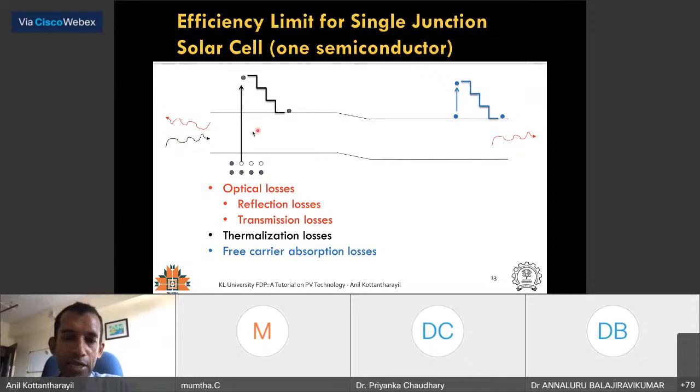And then there is a transmission loss. For example, in silicon, if you have 1100 nanometer wavelength light, we have seen that it requires something around 620 micron thick silicon to absorb 64% of that light. But if I'm using a 200 micron silicon thickness, it is possible some of the light would escape through the backside.